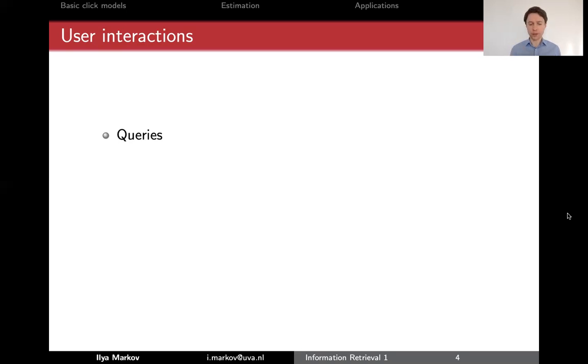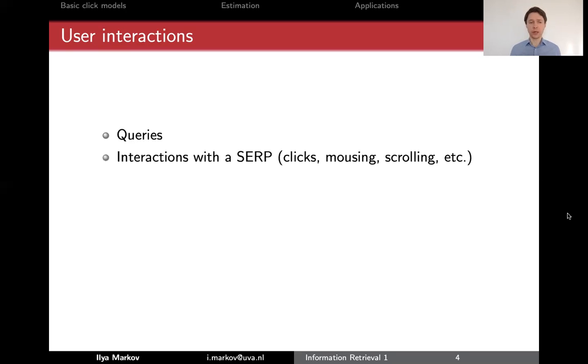Queries themselves can be seen as interactions. And of course, after we submit a query, we get results back. In web search, it's called SERP, Search Engine Results Page, but Search Engine Results Page is a general name also.